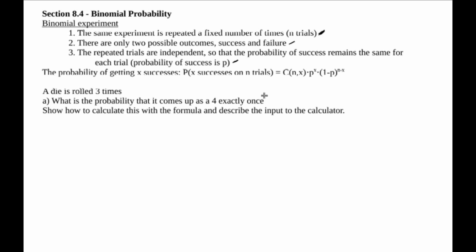Now, this idea of successes may seem a little bit twisted in certain cases, but success is not saying necessarily something good happening. It's just whatever we define a success to be. So in this problem, we actually need to define what our success is. Since we're counting the number of times it comes up a 4, that's what I'm going to define a success as. So getting a 4.